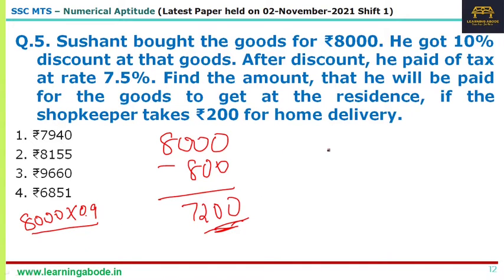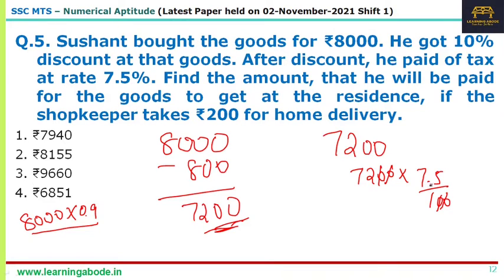Now 7,200 is the charge, and then he has to pay a tax of 7.5% on this, right? So 7,200 into 7.5% tax. So 7.5 into 2 is 15, so 15 into 36, because 72 into 7.5 takes more time to calculate.